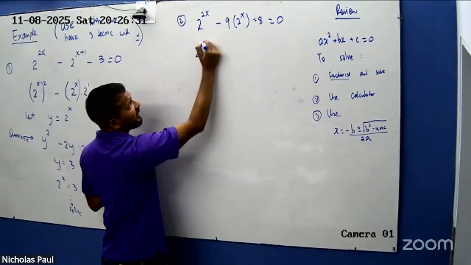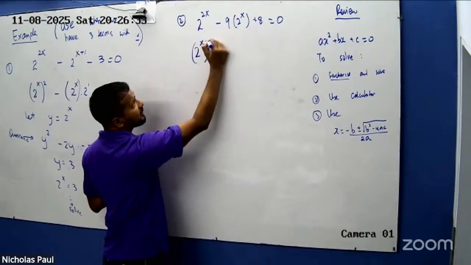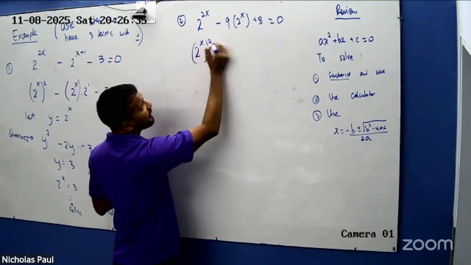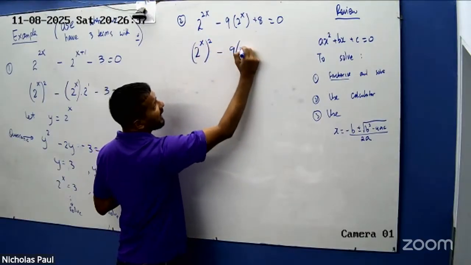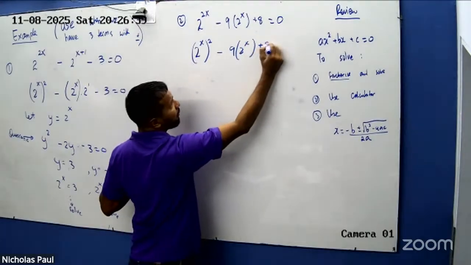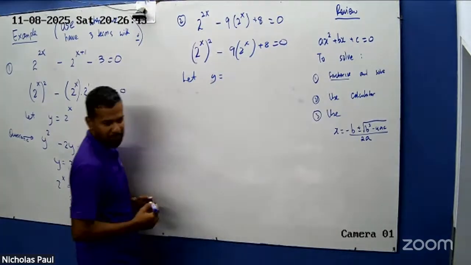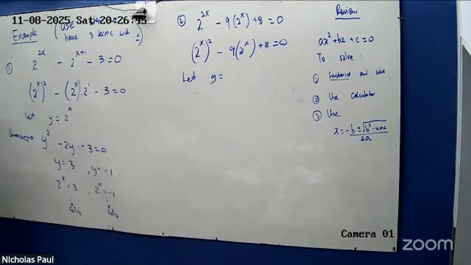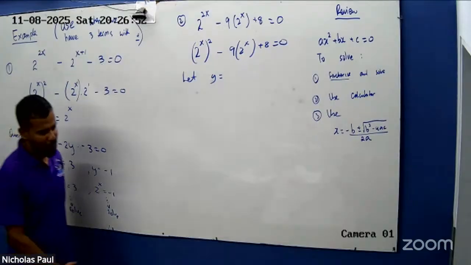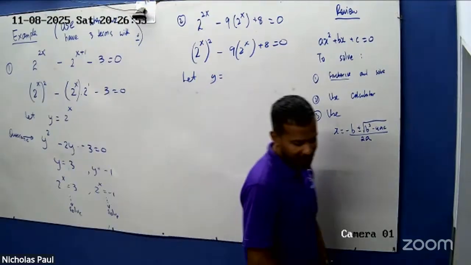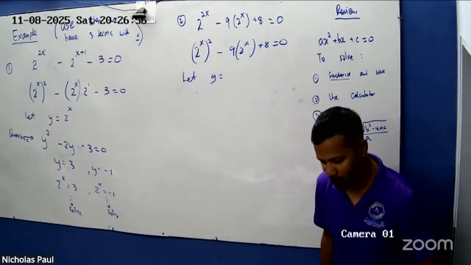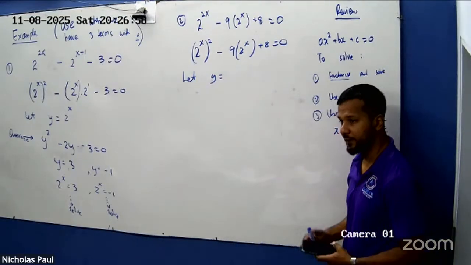Here you're seeing 2 to the x to the power 2: 2 to the x squared minus 9 times 2 to the x plus 8 is 0. So you will let y equal to, go ahead, try it out online. You can use any letter you want.